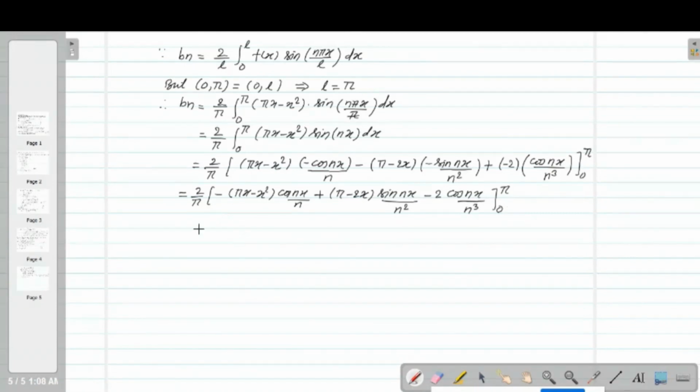Now apply the upper and lower limits. This is equal to 2 by pi, and for the upper limit, instead of x we put pi.